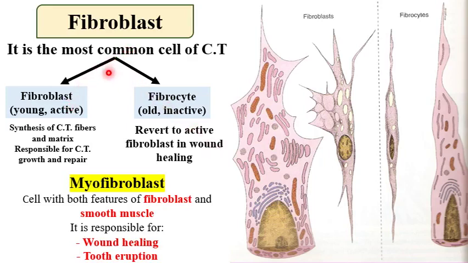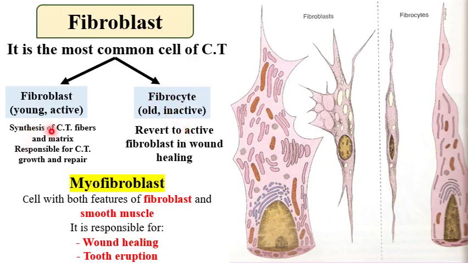It may be presented as fibroblast or fibrocyte. What is the difference? The fibroblast is young and active. The fibrocyte is old and inactive. So if a fibroblast becomes old and inactive, it is transferred to become a fibrocyte, which is old and inactive.